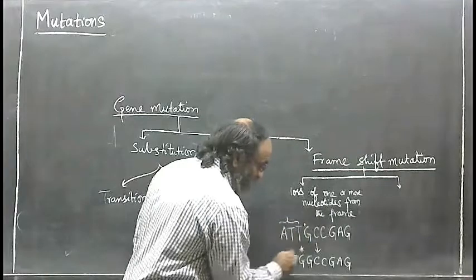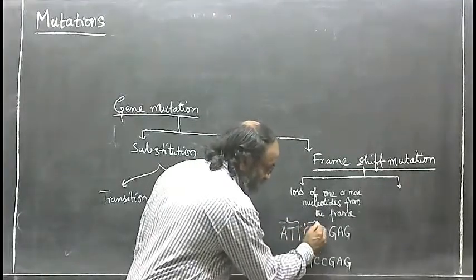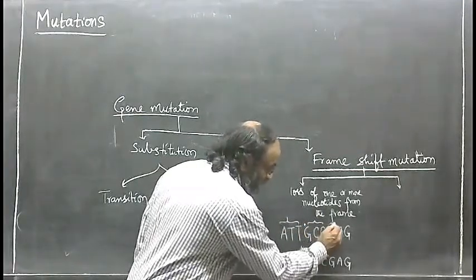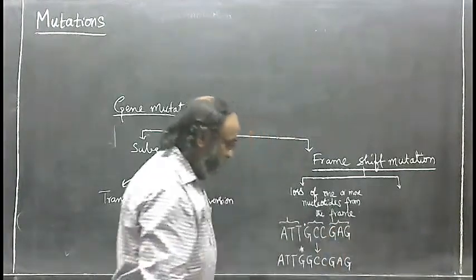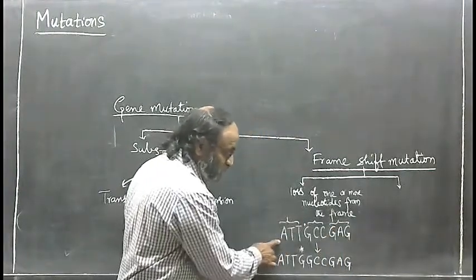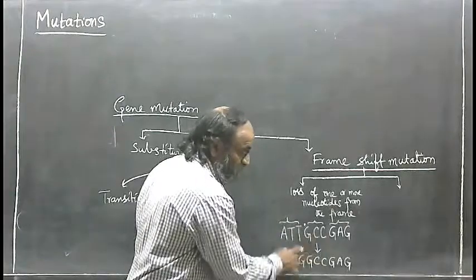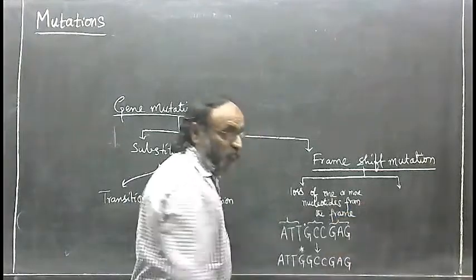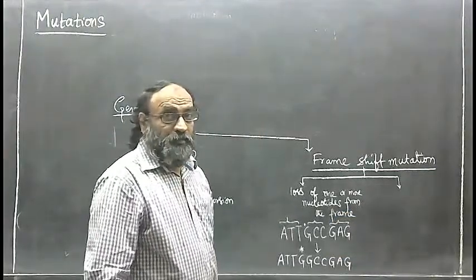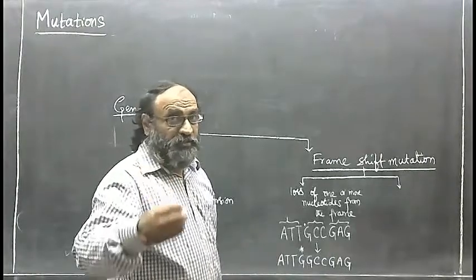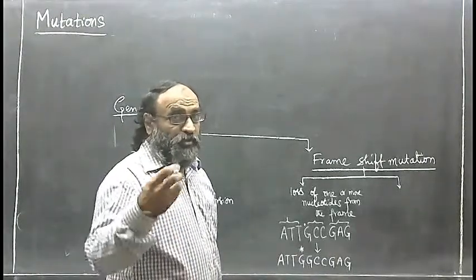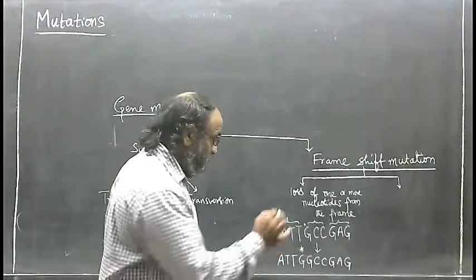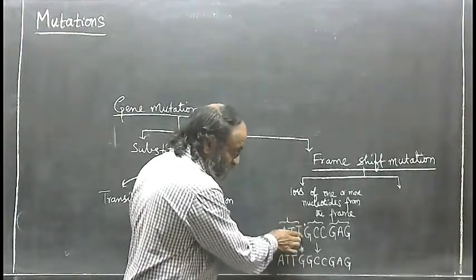This is one codon, this is another codon, this is another codon. One is the ATT codon, GCC codon, and GAG codon. I have inserted a nucleotide G at a particular point, that is at this place.